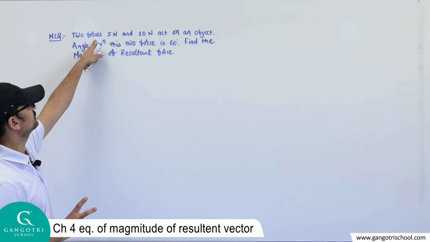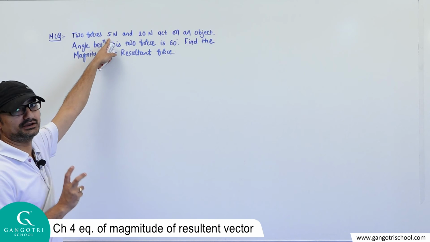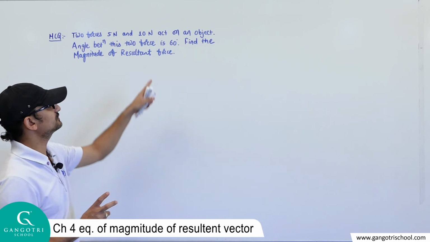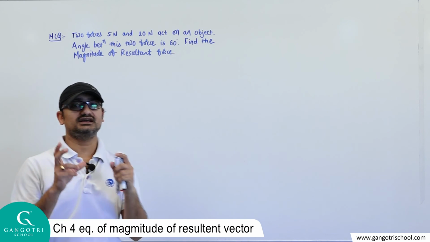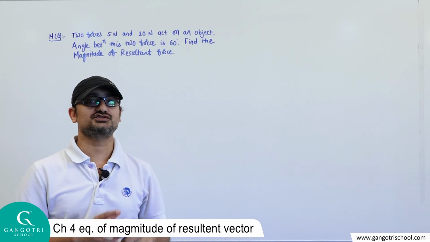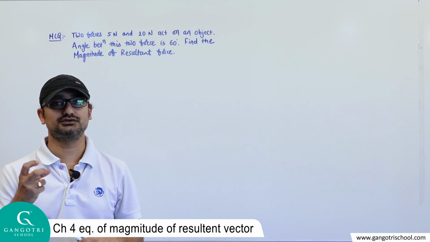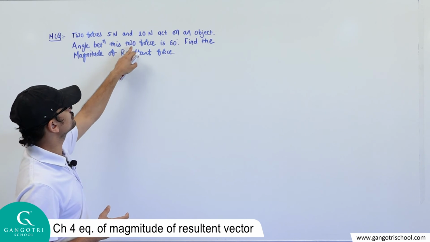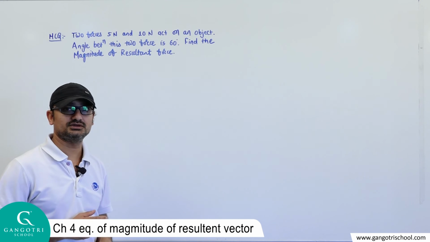Two forces, one of 5 Newton and another of 10 Newton, act on an object. So there is one object, and two forces are acting on it, one is 5 Newton, one is 10 Newton. The angle between these two forces is 60 degrees.